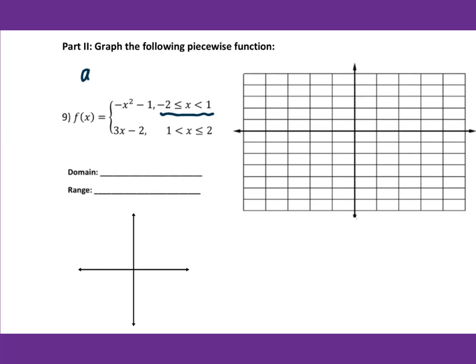According to the a(x minus h) squared plus k format, the vertex will be 0 and -1. So we can sketch this graph. 0, -1 is here, and this opens down because a is less than 0. So the graph looks like this.